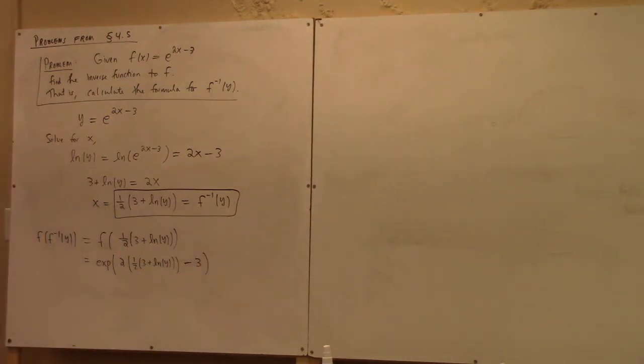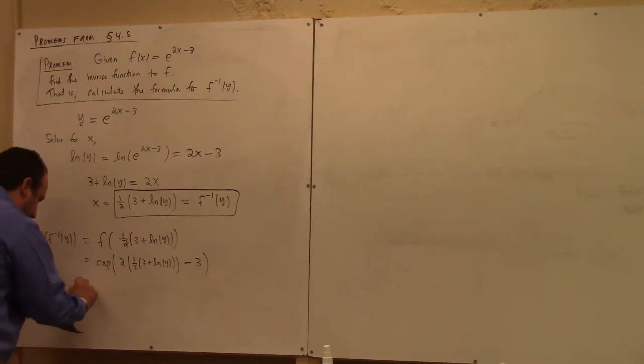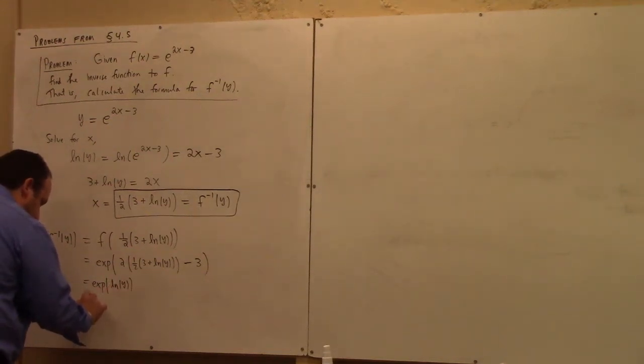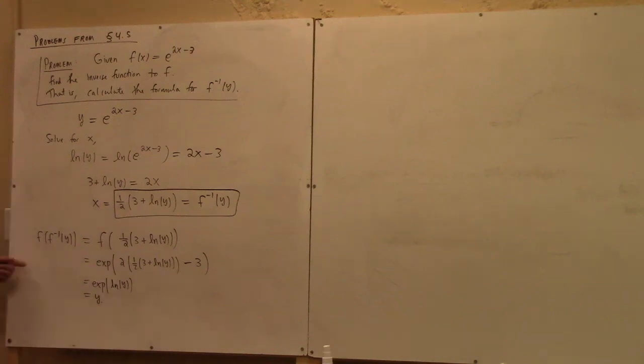See what happens there? The 2 and the half cancel, and then you get a plus 3, you get a minus 3, they cancel. And so this simplifies down to the exponential of the natural log of y, which is y again, right? That's what has to happen for the inverse function. The function of the inverse function should give you back whatever you put in. This should be what's called the identity function.